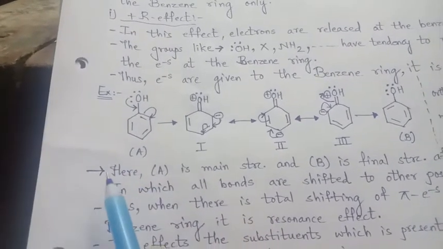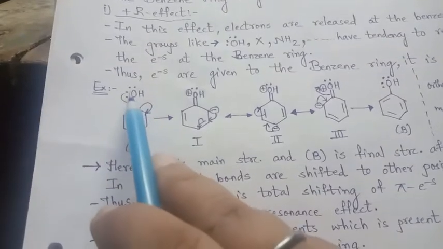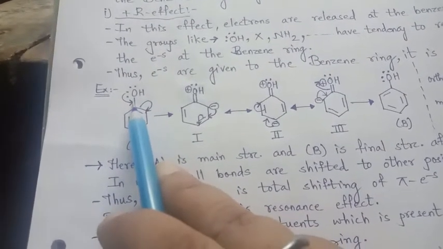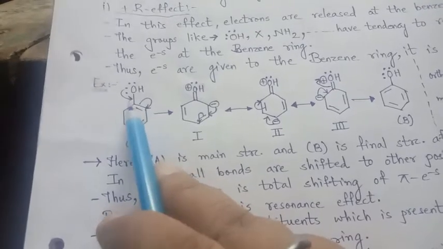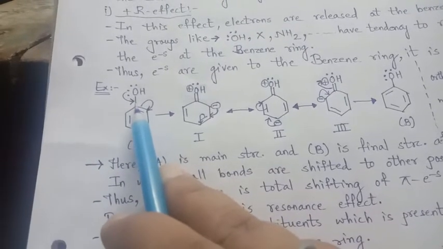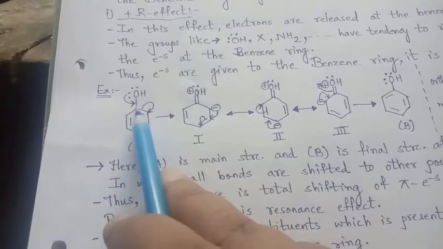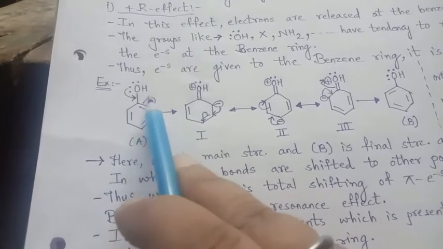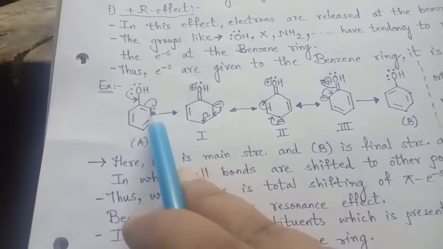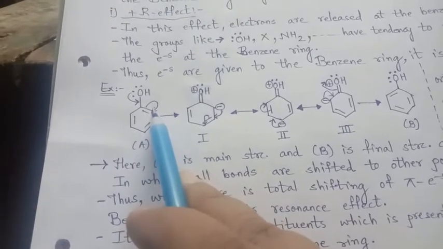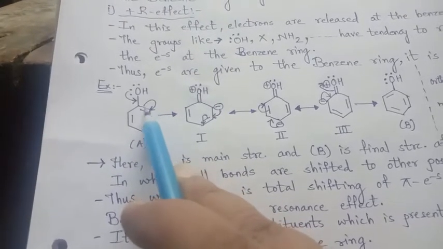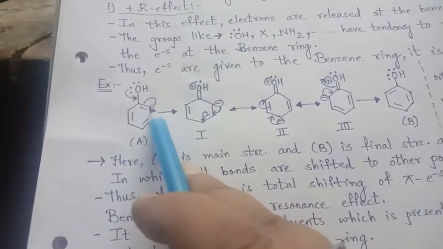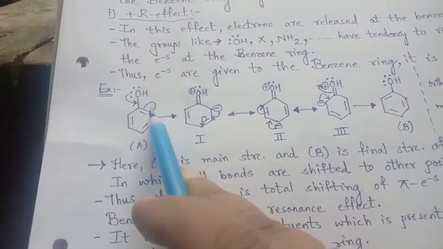Now what takes place? Here, suppose this lone pair is delocalized and comes onto this carbon. At the same time, this pi electron cloud goes to this position. Then this electron pair is giving electrons to this benzene ring, right? Releasing to the benzene ring.